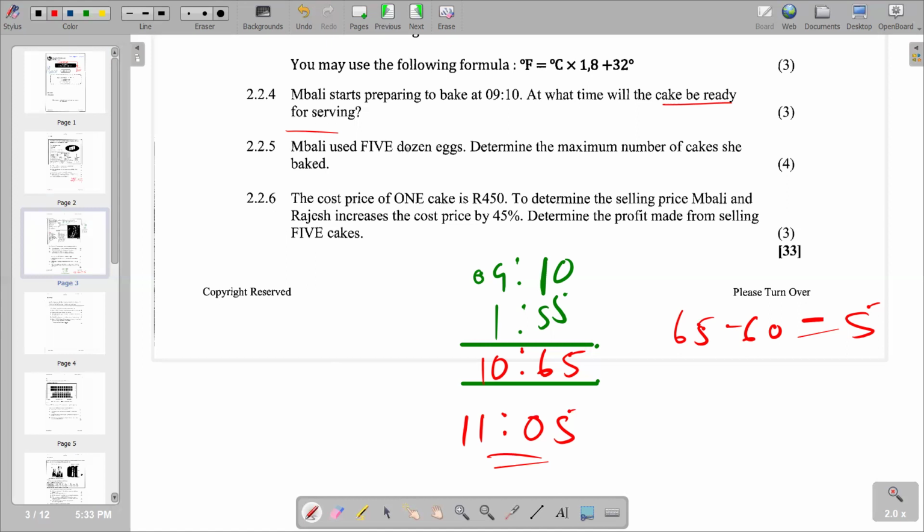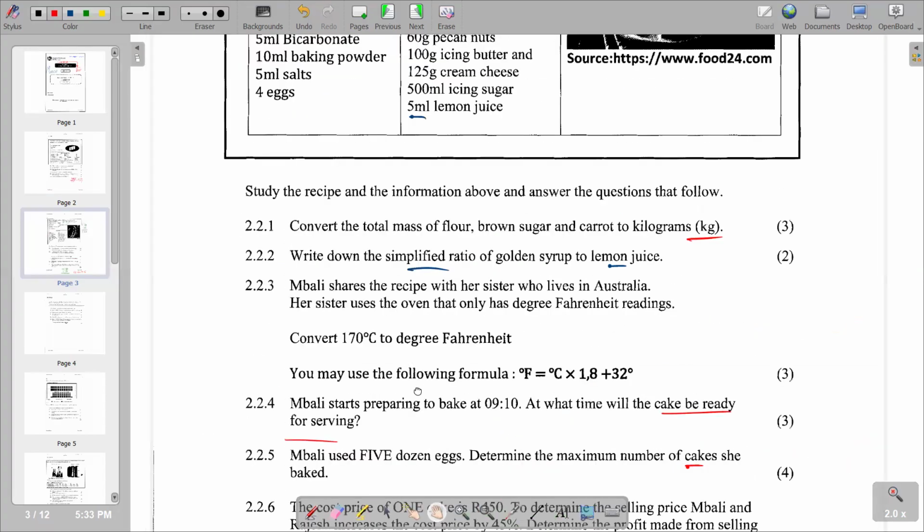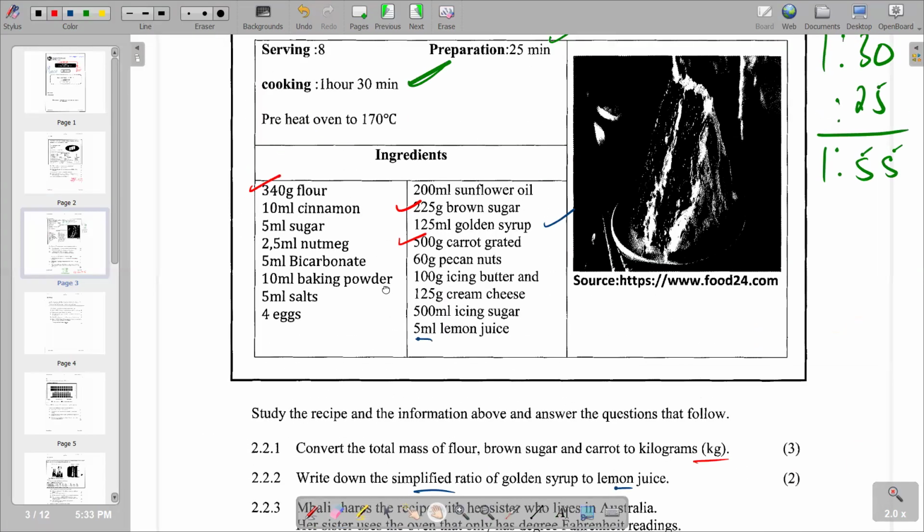So to get the total, we are going to say 5 dozens, 5 times 12, to get the total number of eggs. And then we see for every cake how many eggs are needed. Then we can divide to see how many cakes we can get out of that. So we go there and try to see in terms of every cake.